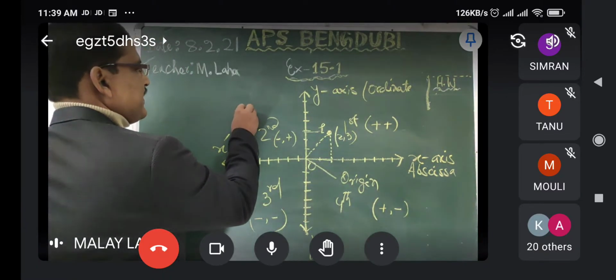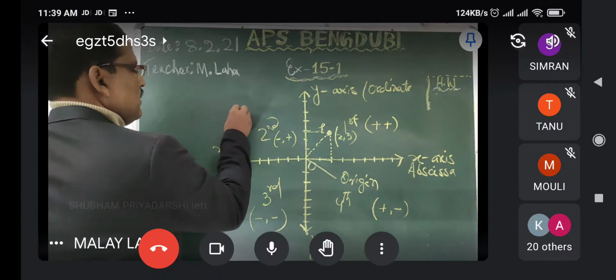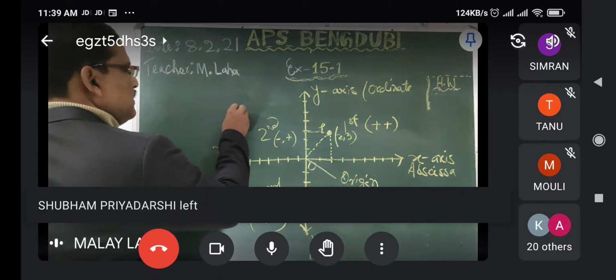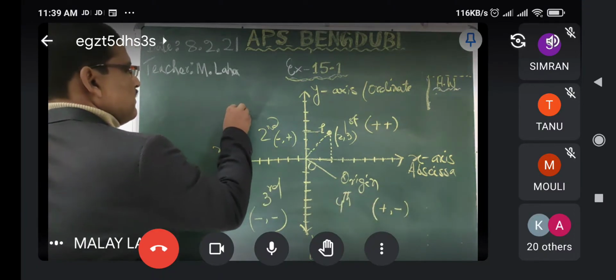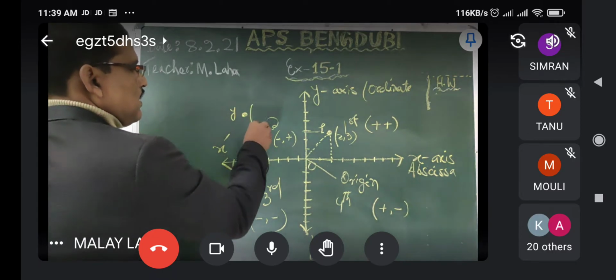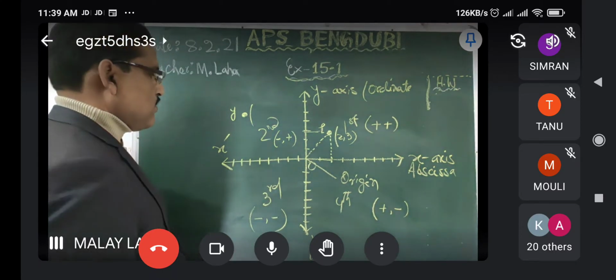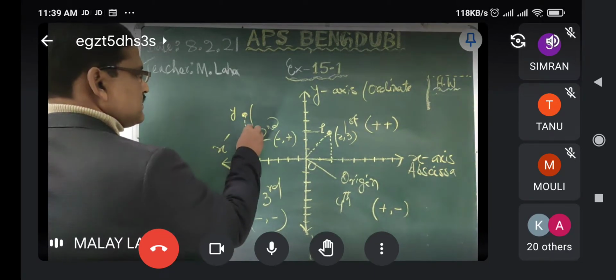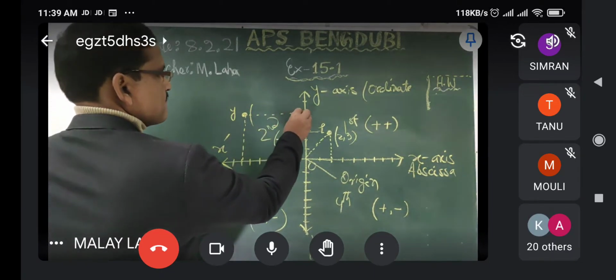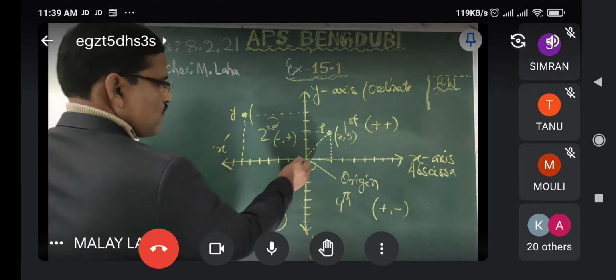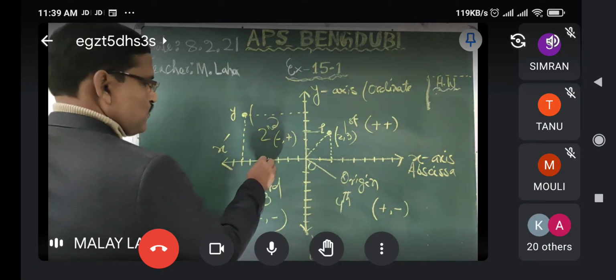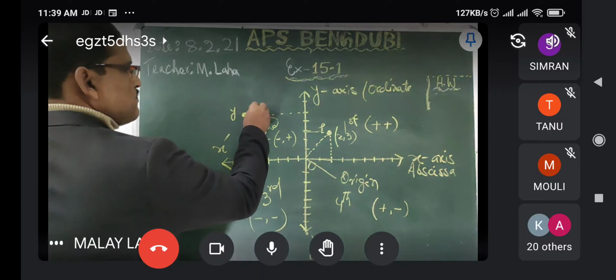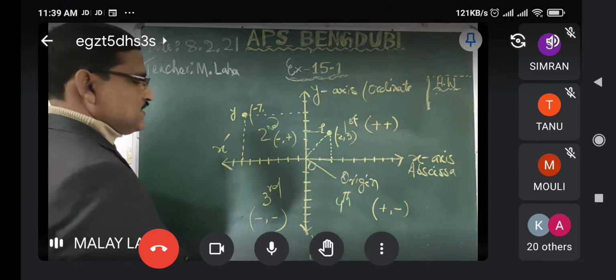Suppose I would like to find a point, say it is point Y. How to find the point? Draw the perpendicular line. So how much is it there? 1, 2, 3, 4, 5, 6, 7. So minus 7 on the x-axis.